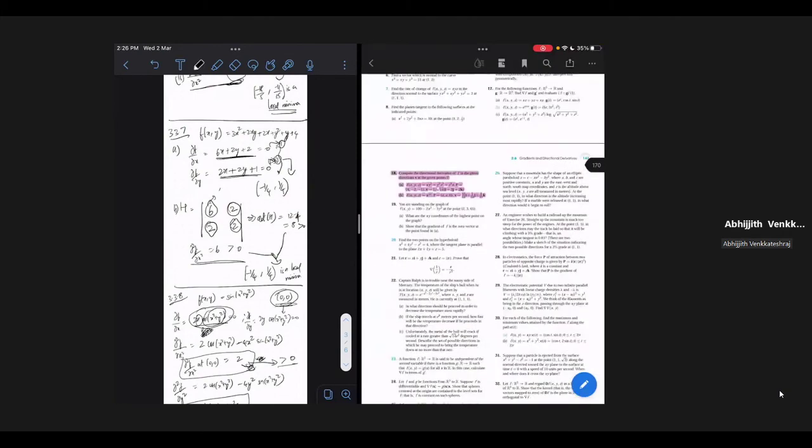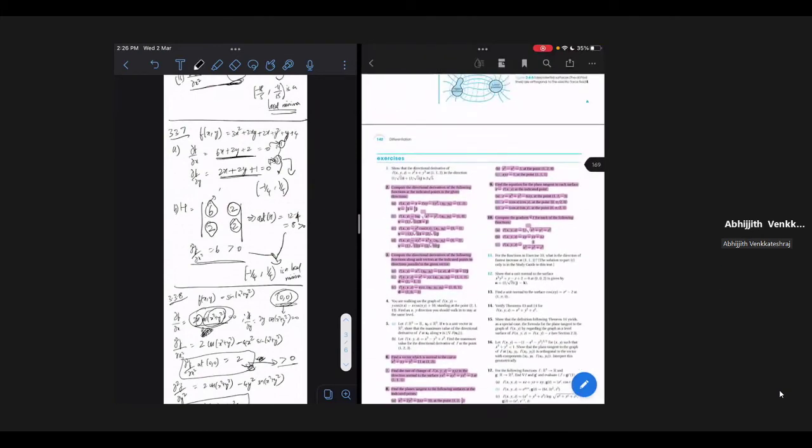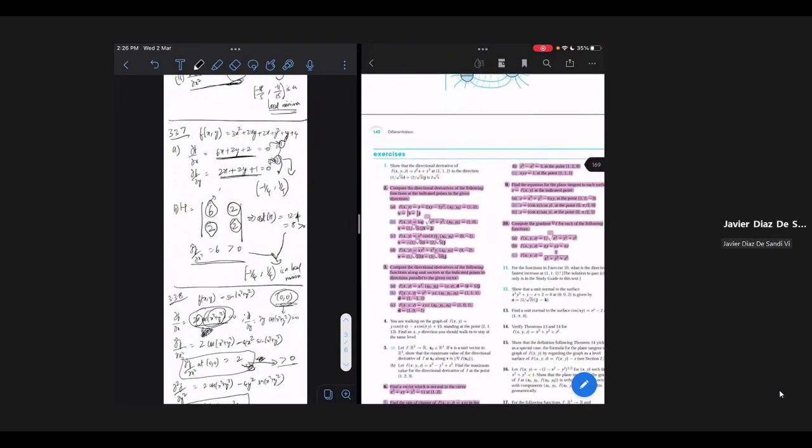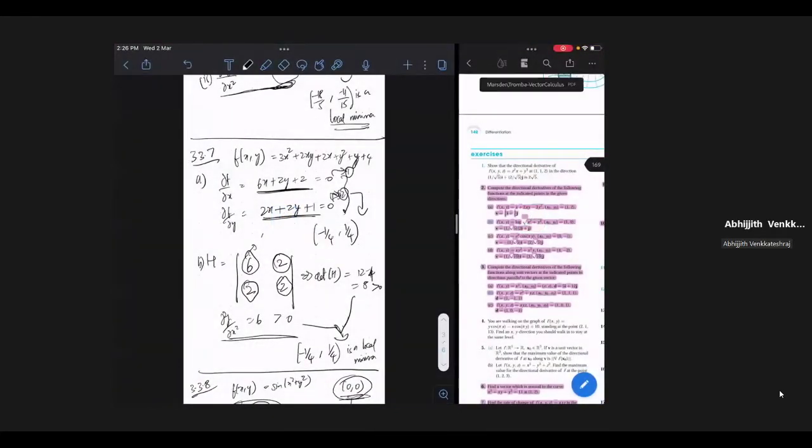Okay, so it asks us to take the derivative of a log function. I remember you doing one of these in the other homework, and I was wondering how you derive the log function.